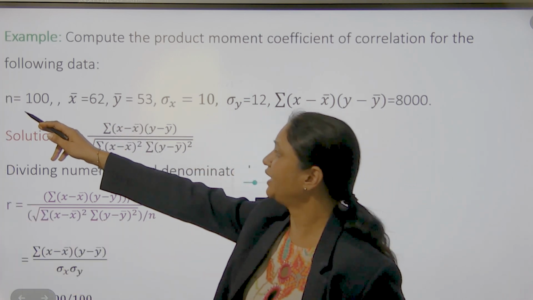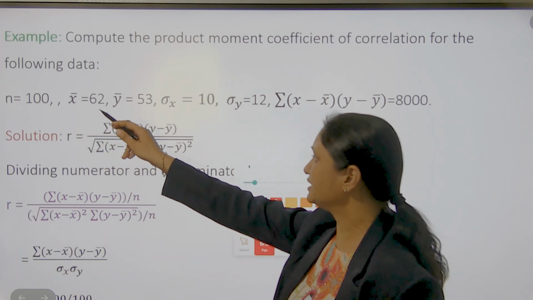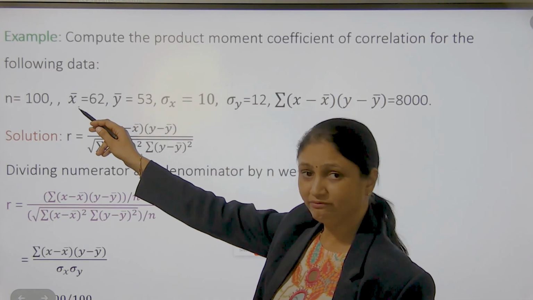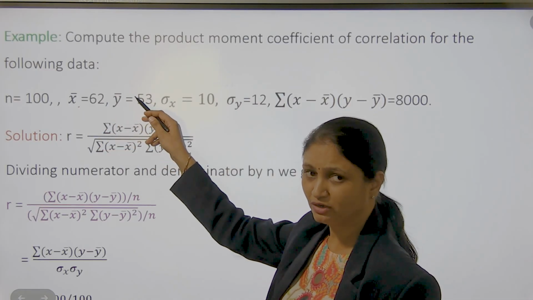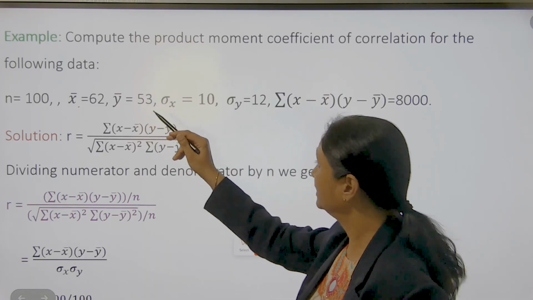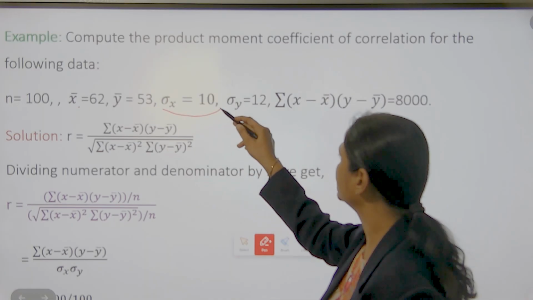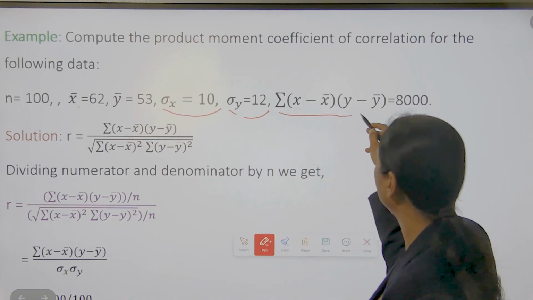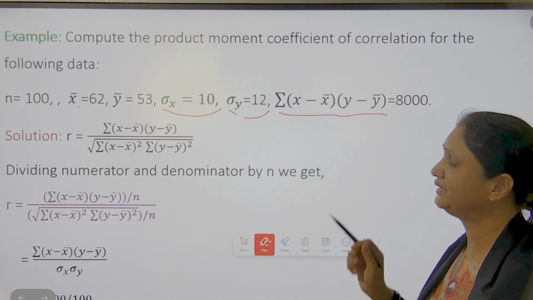So here n is equal to 100, x bar is equal to 62, y bar is equal to 53. This is the arithmetic mean of values of x, this is the arithmetic mean of values of y. Then standard deviation sigma x is 10, sigma y is 12, and summation x minus x bar into y minus y bar is equal to 8000.